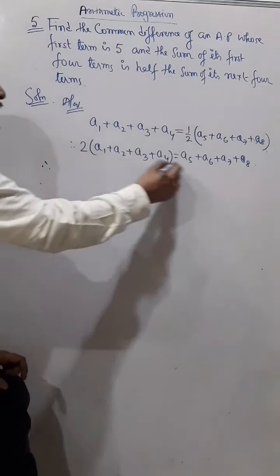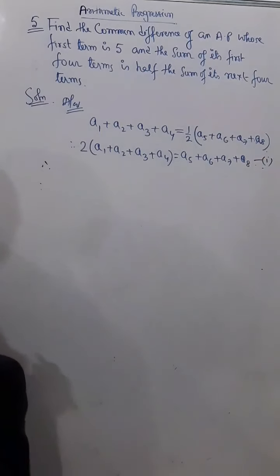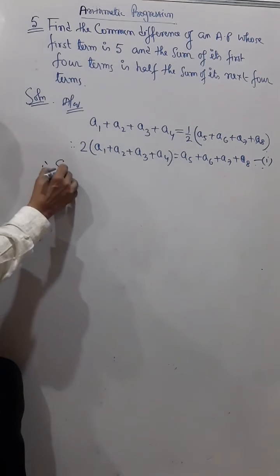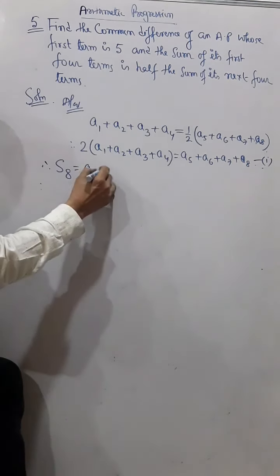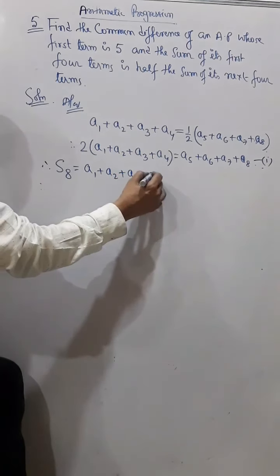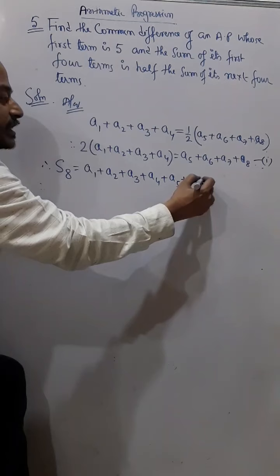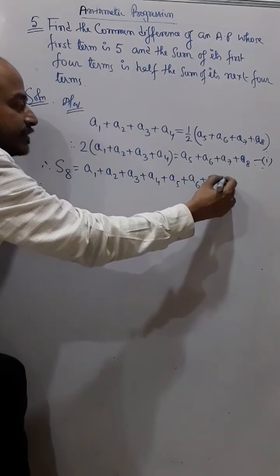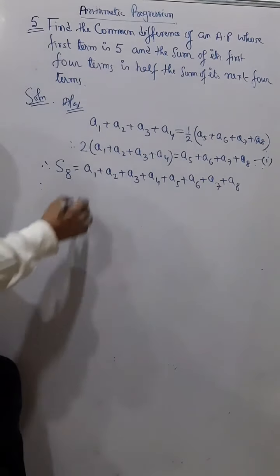So we get this conclusion, let it be number 1. Now what will be the sum of 8 terms? A1 plus A2 plus A3 plus A4 plus A5 plus A6 plus A7 plus A8.